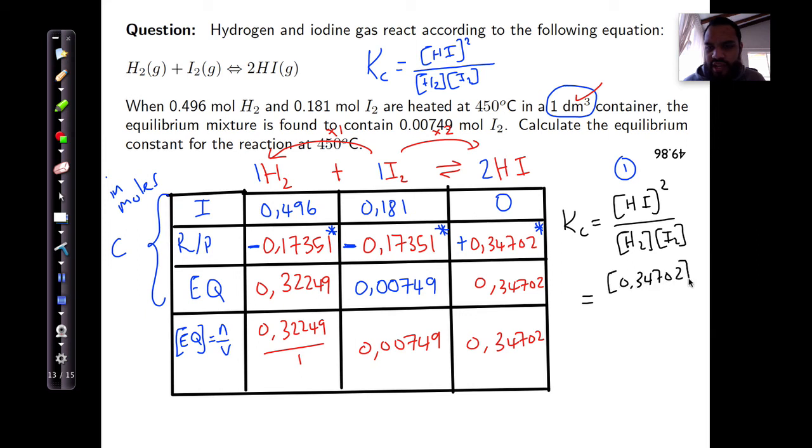0.34702, because that's a product, raised to the power of 2, divided by 0.32249 multiplied by 0.00749, and you can see I'm not rounding off anything over here, right? All of this is in the denominator.